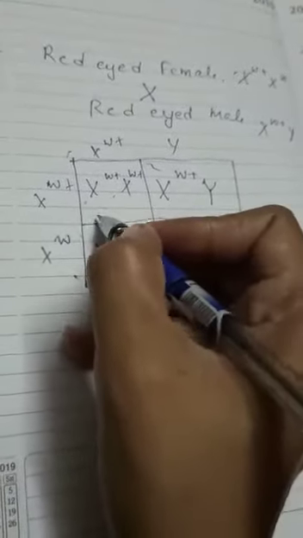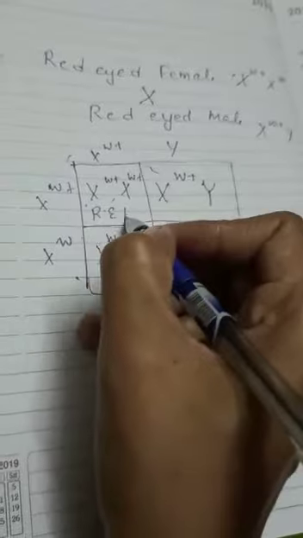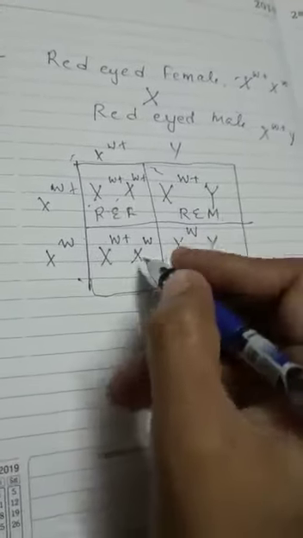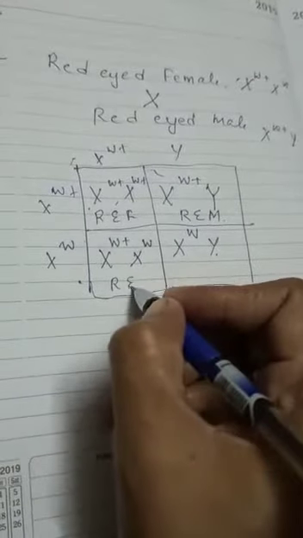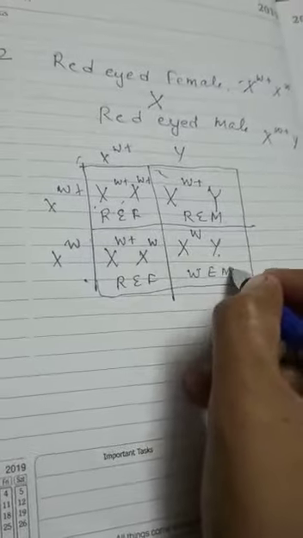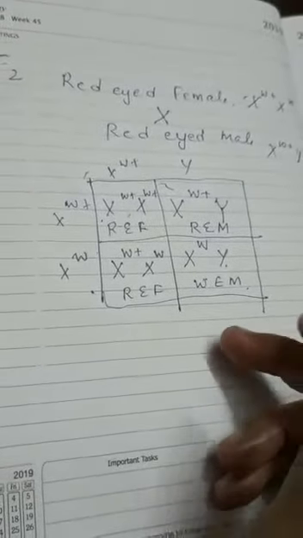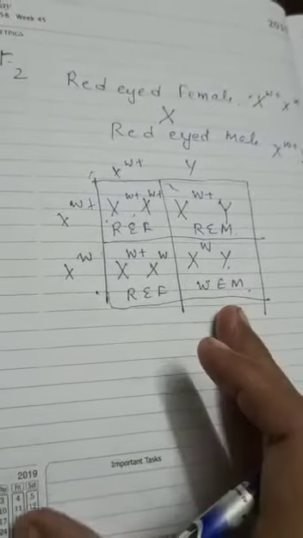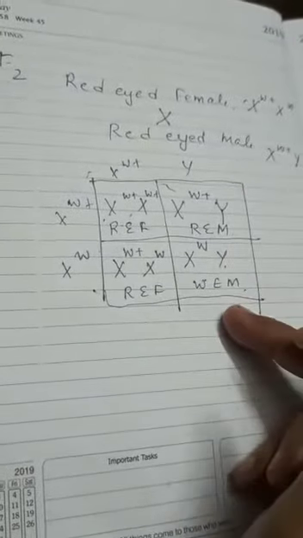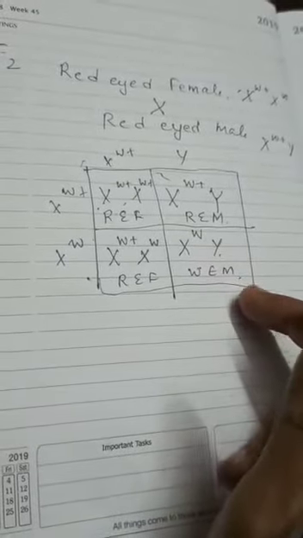So this becomes a red-eyed female, this becomes a red-eyed male, this becomes a red-eyed female, and this becomes a white-eyed male. So here you can see it was a red-eyed female and a red-eyed male, but still a white-eyed male came here.